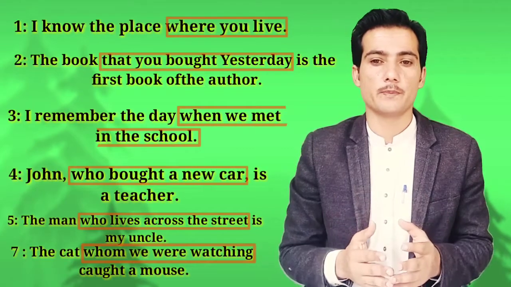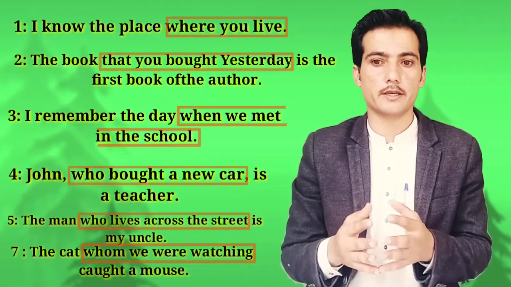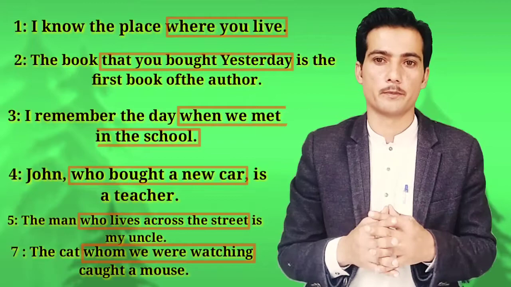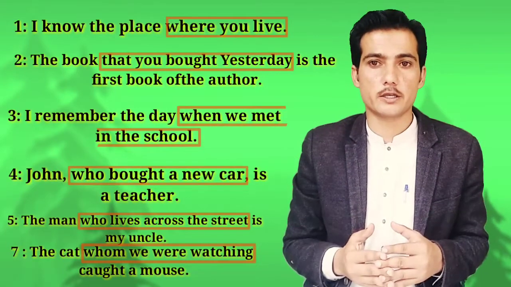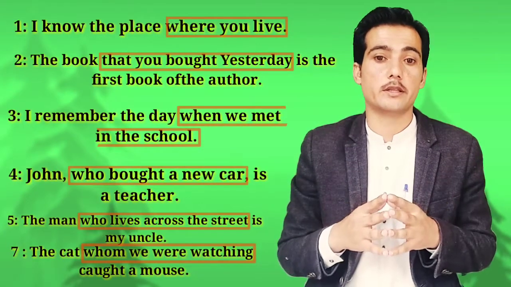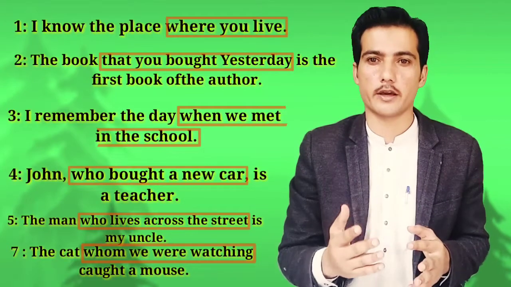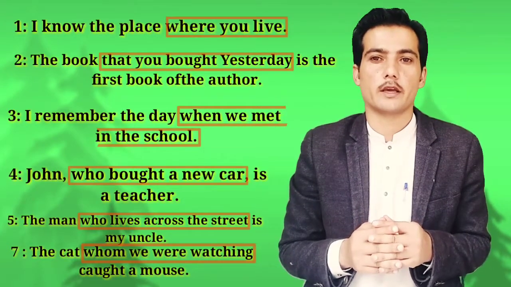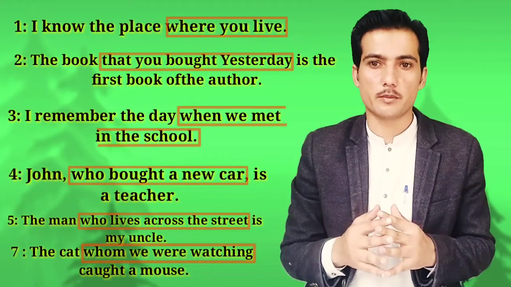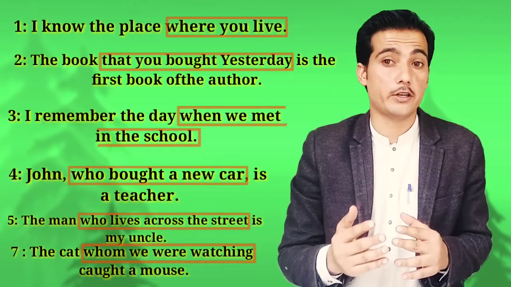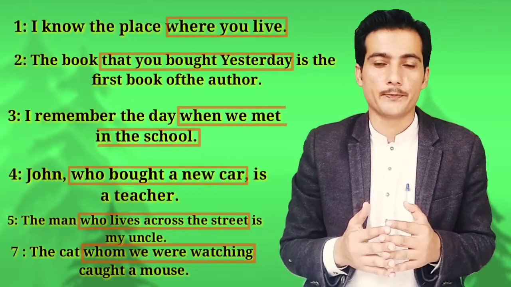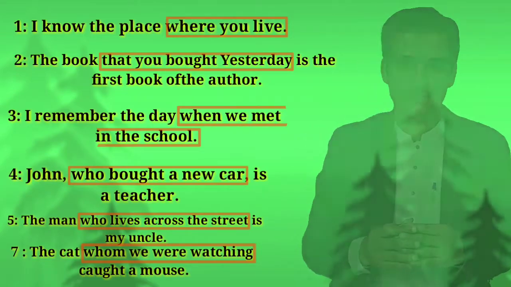Subject is we, verb is auxiliary, and watching is verb. So whom we were watching describes the noun, that is the cat. It consists of all the requirements we have set in the definition, and so that is why it is an adjective clause.